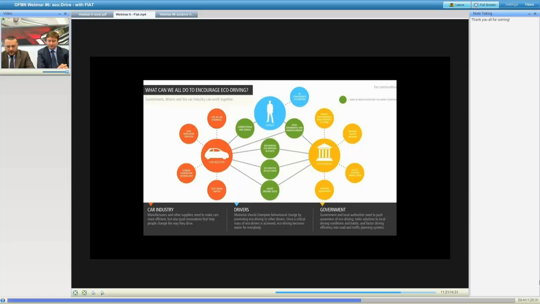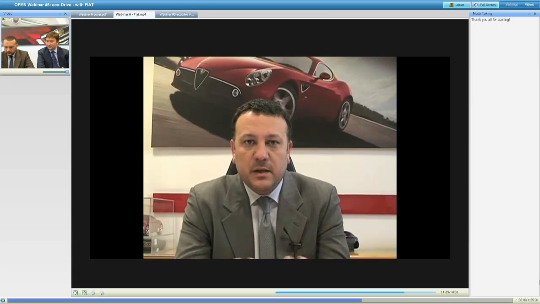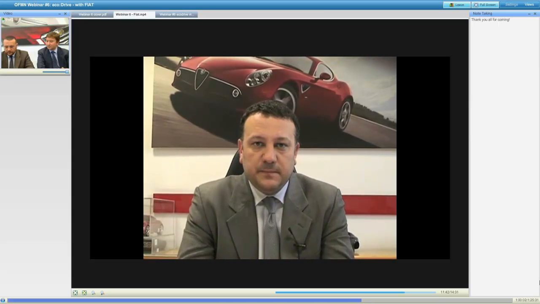Then we have the governments that could help the environment and the infrastructures. And then we have the third pillar, that's you, the drivers, that by changing the driving technique could help save fuel and money. So at Fiat we are focusing on all these pillars to get the best results.